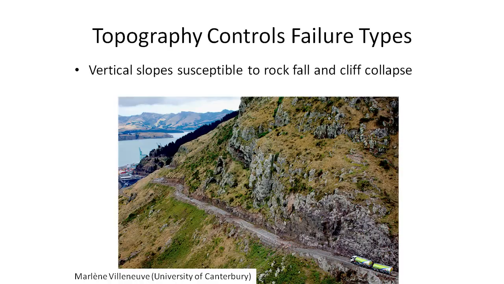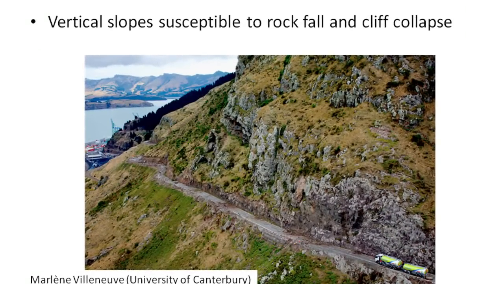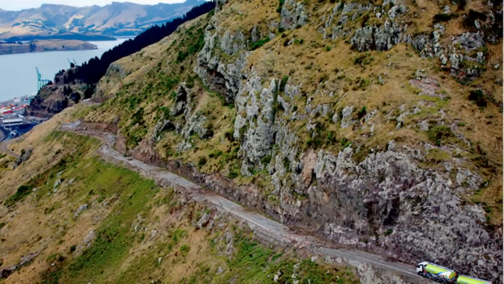So the vertical cliffs that we end up developing in the Port Hills make them very susceptible to this rock fall and cliff collapse type of behavior because of the verticality. So this is an example from the Evans Pass Road showing multiple rock falls all along the road coming from this very steep subvertical cliff that's the source, and all along the Evans Pass Road there's rock falls.